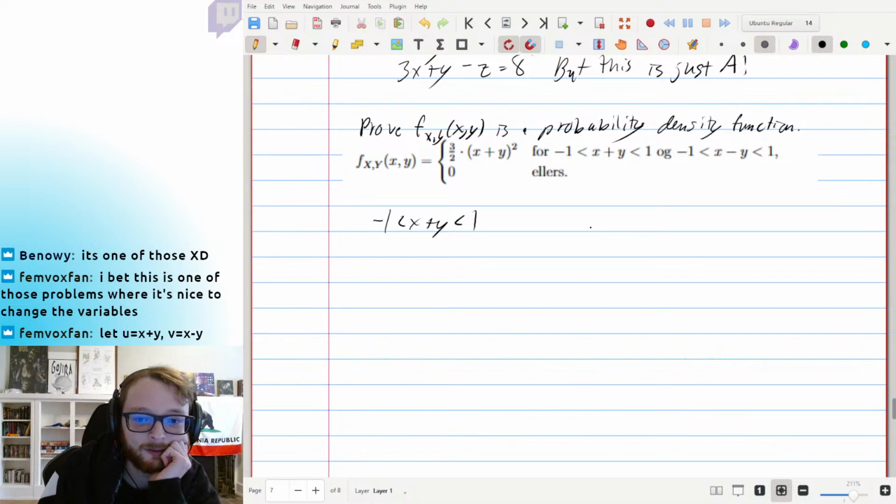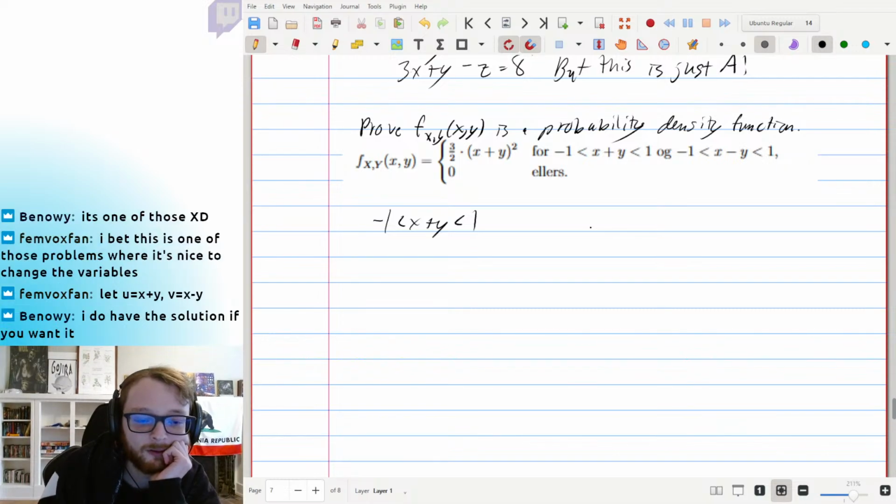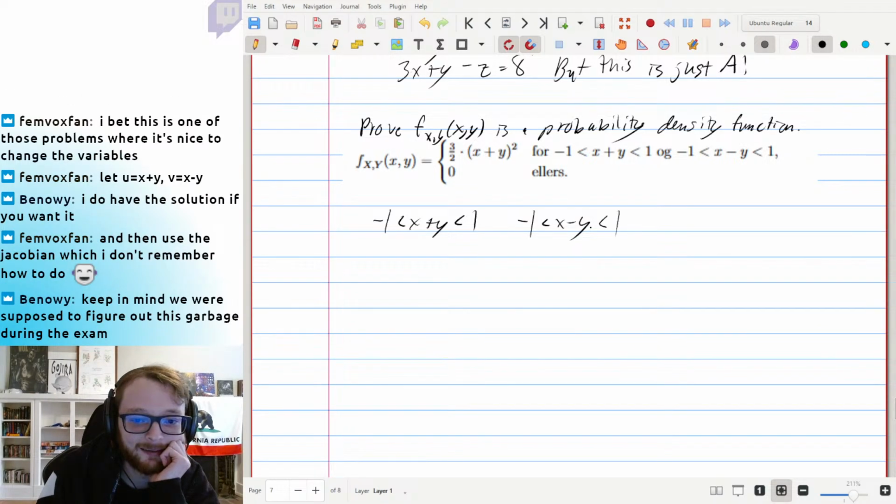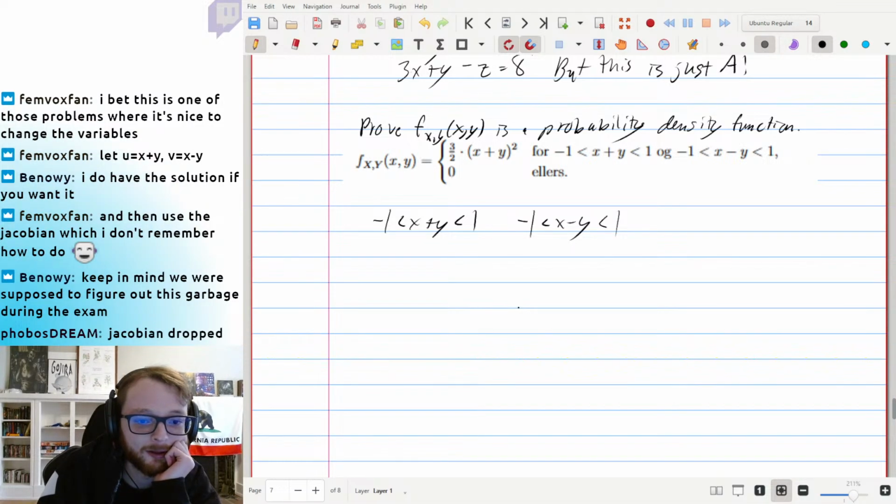Or maybe, are you making those based off the... Use the Jacobian, which I don't remember how to do. That feels so right, Fenbox. Figure out the garbage during the exam. Yeah, I would need to do a lot of studying before I feel comfortable doing this on the fly like that.